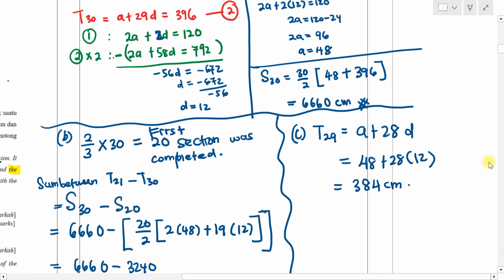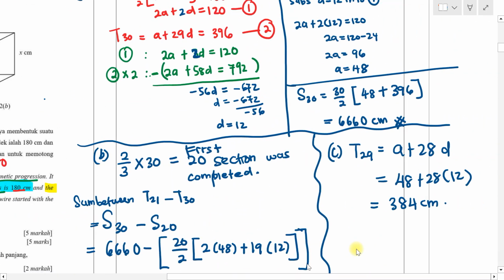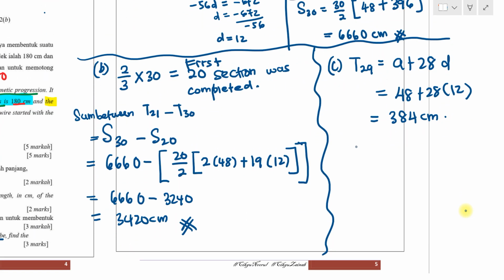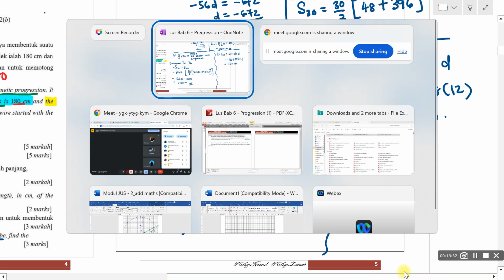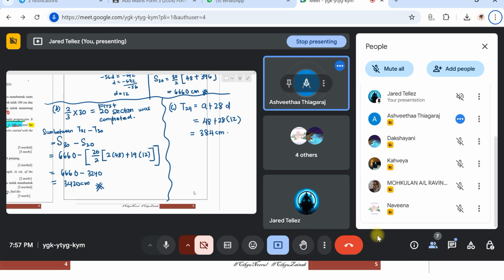So, Ashwita, how can we find the x? What is the relationship between the 384 and the x? What do you think?